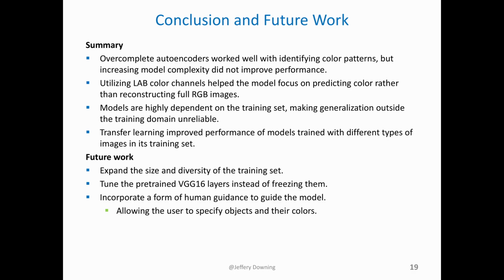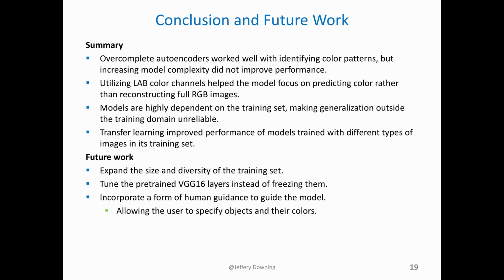Models are highly dependent on their training set, making generalization outside of the training domain unreliable. Transfer learning, in particular, can help improve the performance of models trained when there's a bunch of different types of images in its training set.